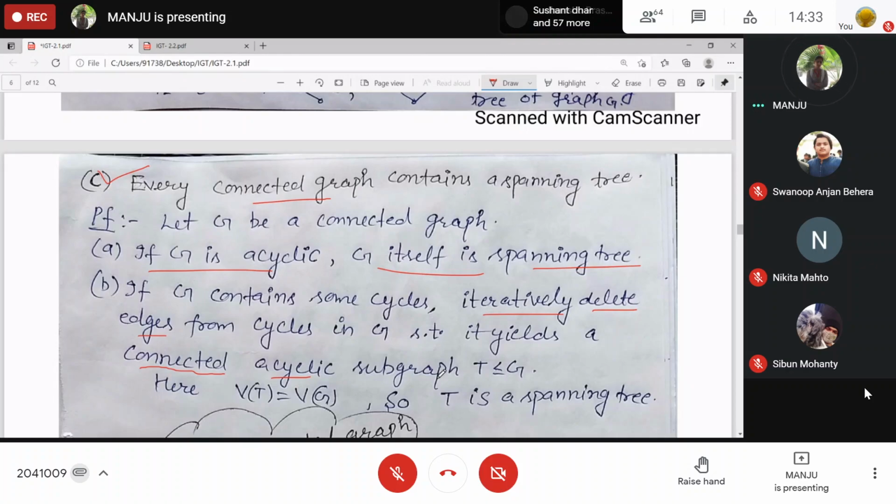And you will not remove any vertex. So this is the criteria for a spanning tree. Clear? This is tree, this is spanning.